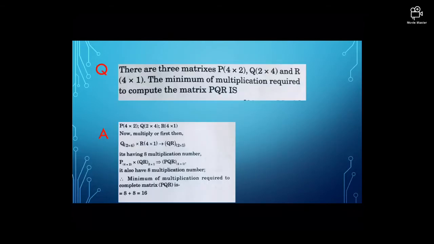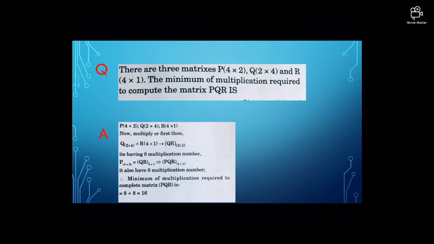Next is, there are three matrices P 4 by 2, Q 2 by 4 and R 4 by 1. The minimum number of multiplications required to compute the matrix PQR is. So we have to find the minimum number of multiplications we have to do in order to find the matrix PQR.